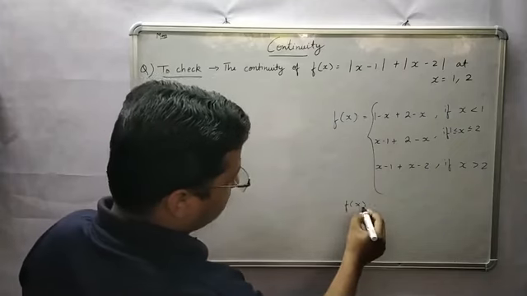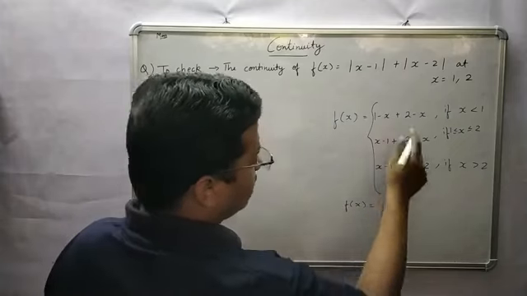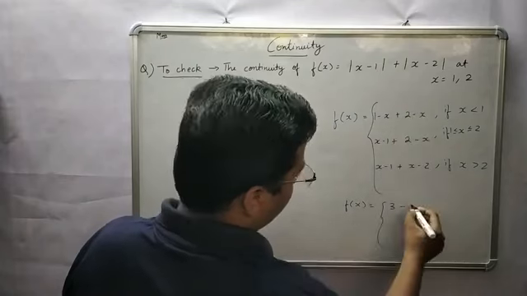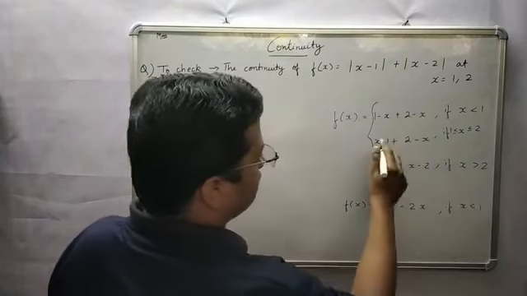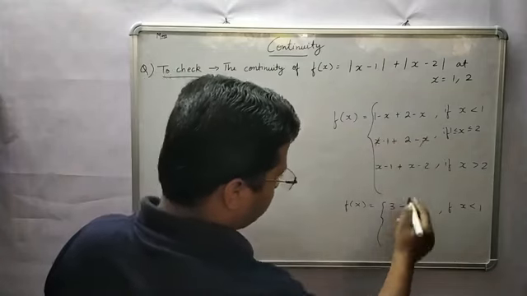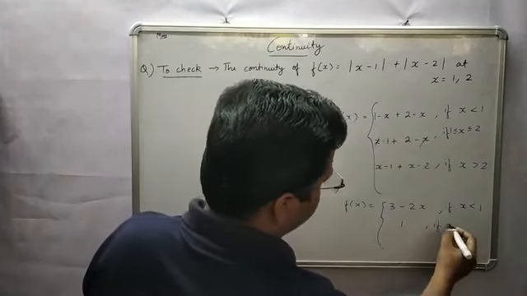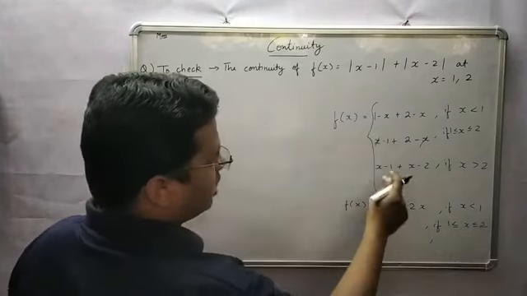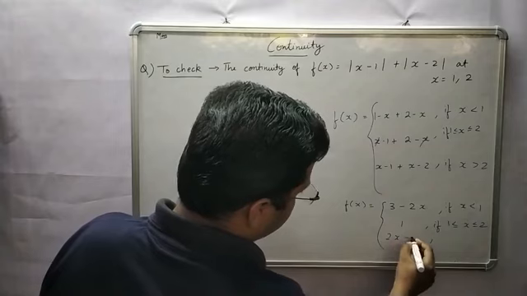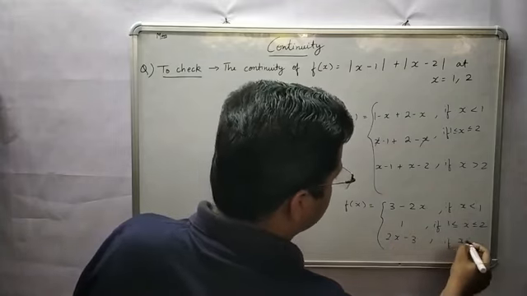So our function becomes 3 minus 2x if x is less than 1, and here x and x will cancel, 2 minus 1, 1 if 1 less than or equal to x less than or equal to 2, and 2x minus 3 if x is greater than 2.